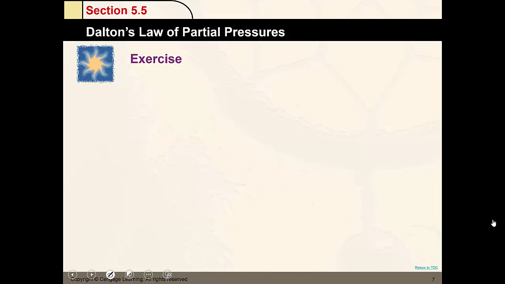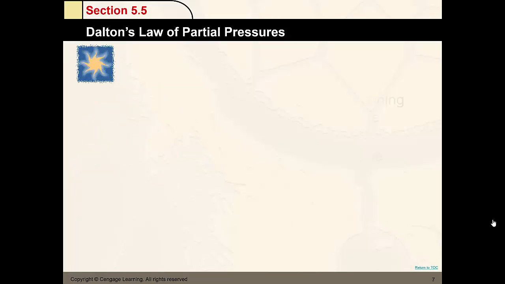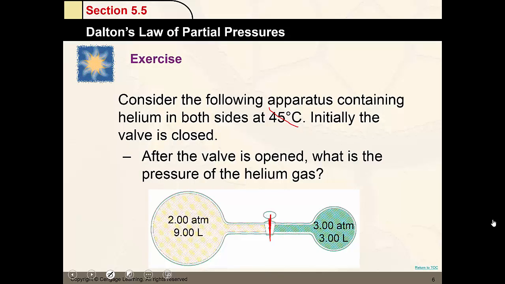So we know for the left side of that, the left bulb, we're going to use Boyle's law. So the initial pressure and volume: the initial pressure was just 2 atmospheres, the initial volume was 9. And we're trying to solve for the pressure at the end, P2, of the left part. And then we have to think about V2.